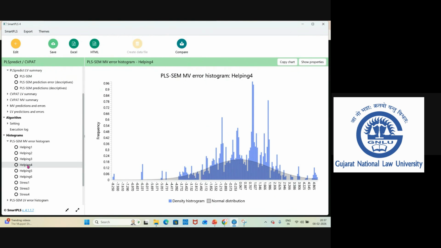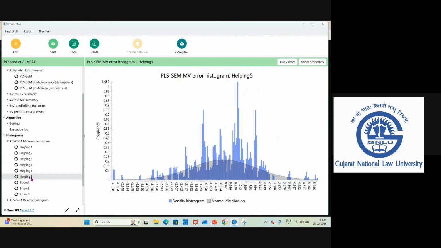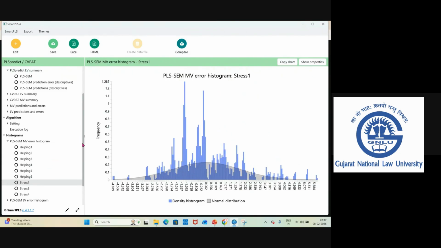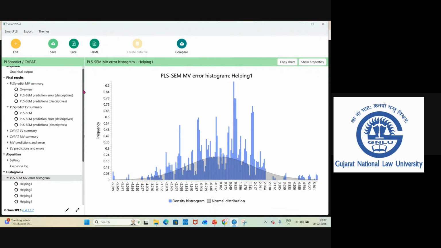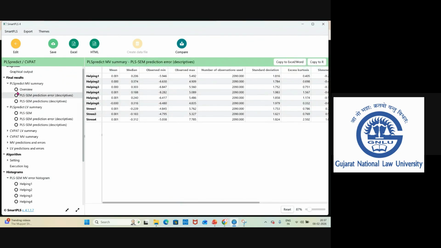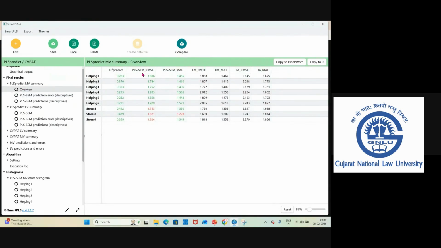Once we get clarity on whether you have a normal distribution or not, you're going to decide whether to take the PLS-SEM RMSE value or the LM RMSE value.